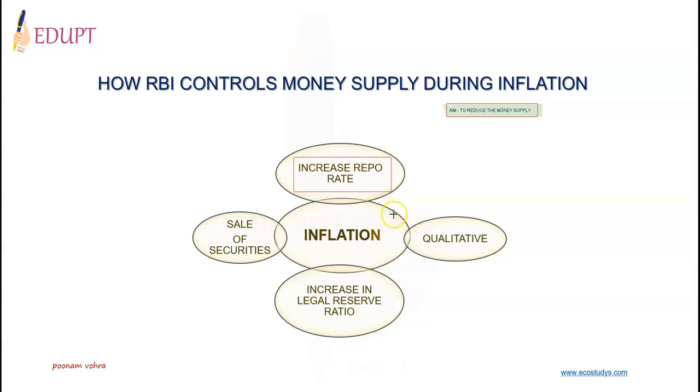It implies an increased cost of borrowing from the central bank, and the commercial banks will not find it feasible to borrow from RBI, rather would like to park their funds with the central bank. With this, the loanable funds get reduced and hence money supply gets controlled. Similarly, there will be sale of securities by RBI.